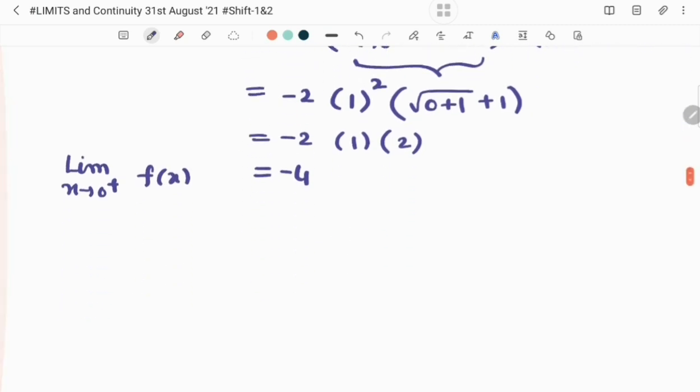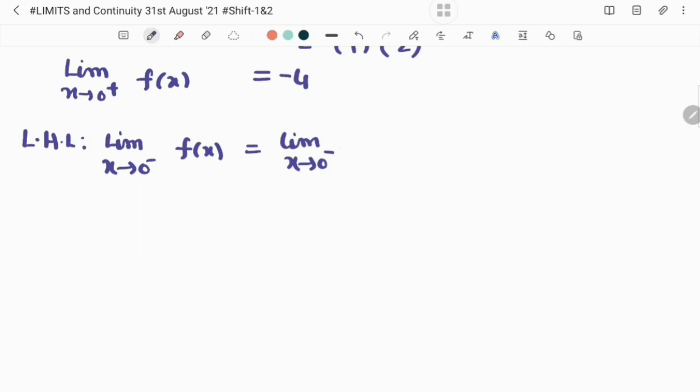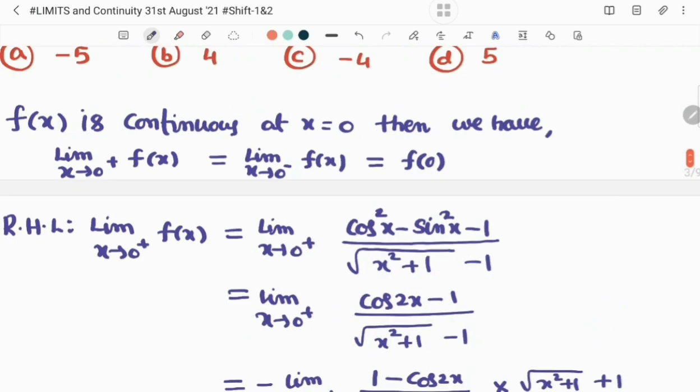Now we can find LHL, left hand limit. Limit x tends to 0 minus f of x, which is equal to limit x tends to 0 minus. x tends to 0 minus means x is less than 0. X is less than 0 means which function we have to consider?